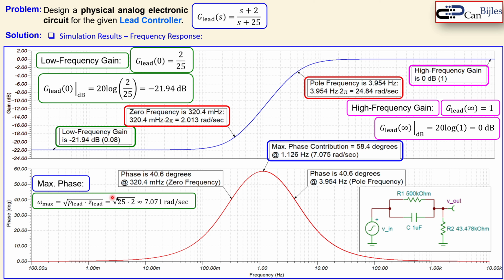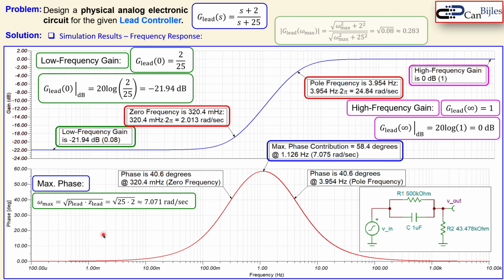So you get the square root of 25 times 2, the square root of 50, which is 7.071 radians per second, very close to what we have here. So omega max is the frequency where you have the maximum phase, at 7.071 radians per second. That's already verified by this calculation.